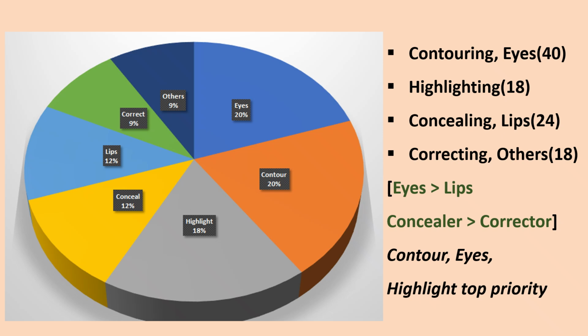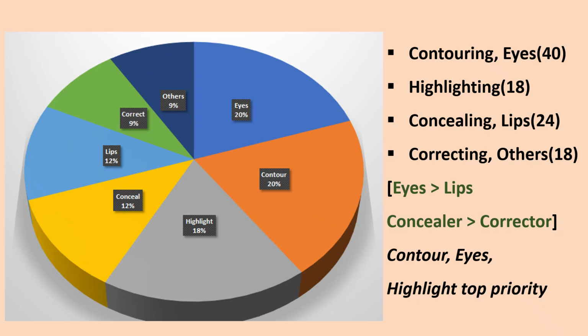Now we will see why eyes are given greater weightage than lips. With eyes, you have got many techniques, many products, many methods. Whatever may be the problem, asymmetry, dark circles, whatever be the problem, you have several techniques, several products, and skills.